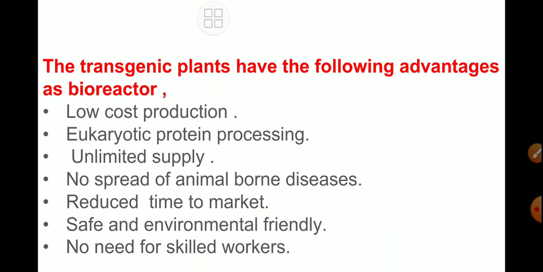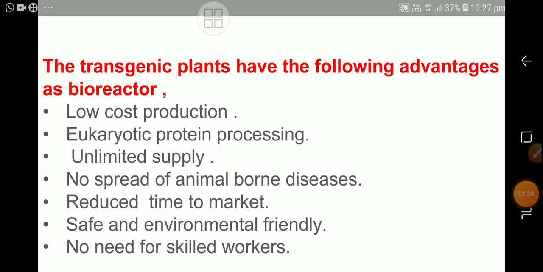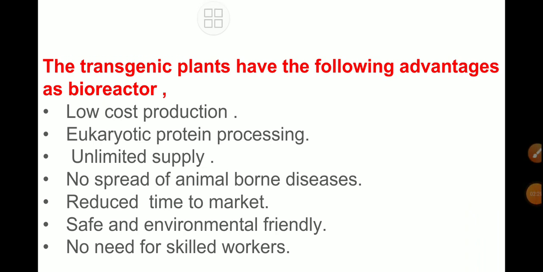Now, in today's lecture, we have to get an idea about the advantages of a transgenic plant as a bioreactor. As we know, many products are produced with the help of the bioreactor or transgenic plant. But you should know that many important proteins and important vaccines are produced by other methods, but that is very costly.